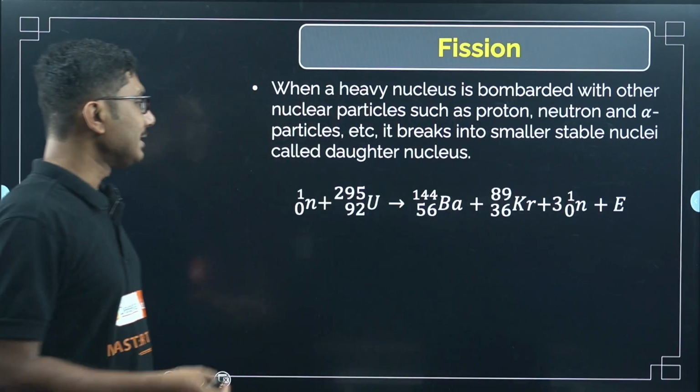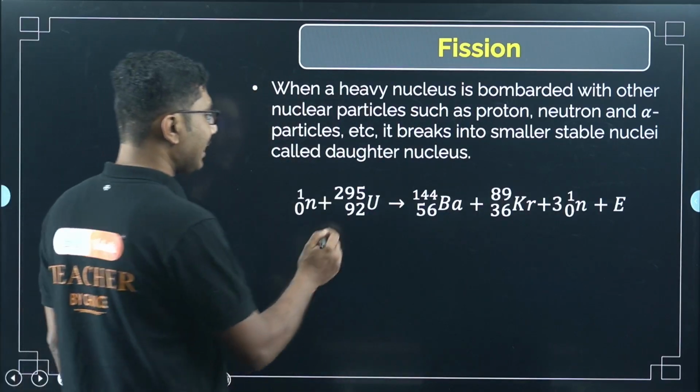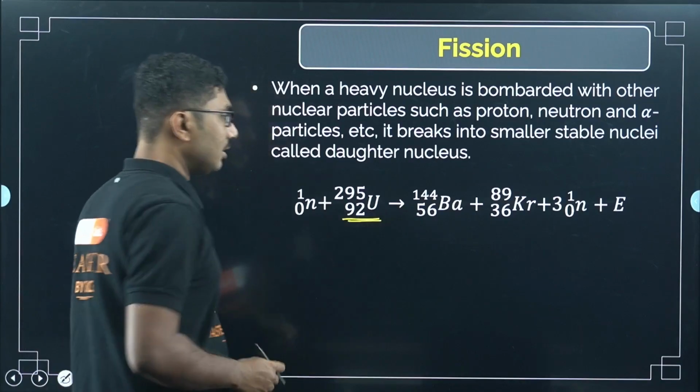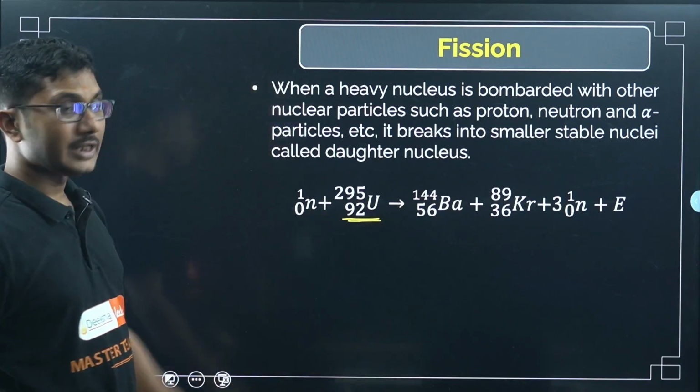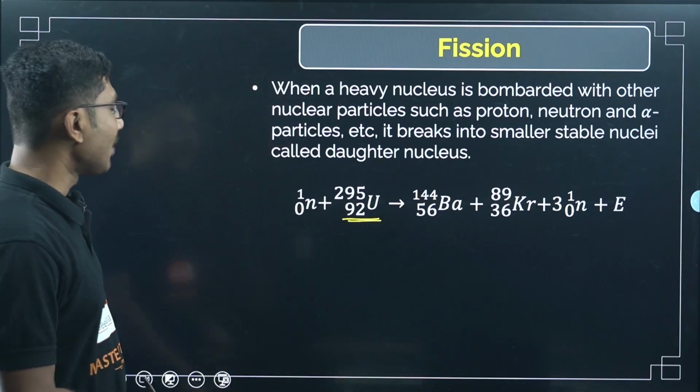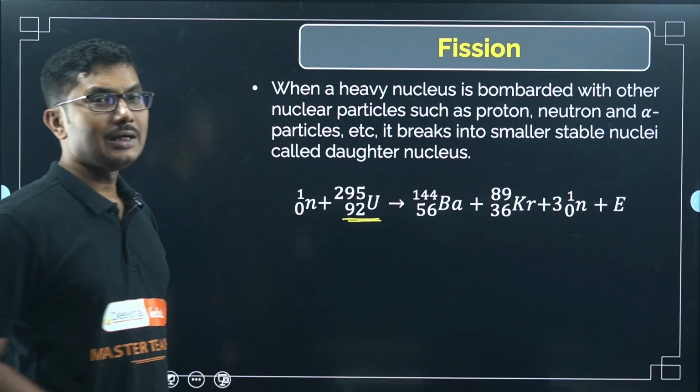Now let's see one example. Here we have taken one of the heaviest elements, uranium 92-235. We have bombarded it using a neutron.